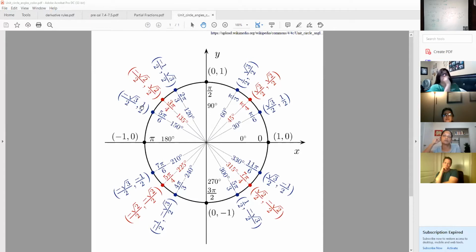We know that tangent is technically y divided by x. So if tangent is negative and we're in quadrant 2, that tells you x has to be negative and y has to be positive. So when I made the triangle, the x or the cosine part needs to be negative.